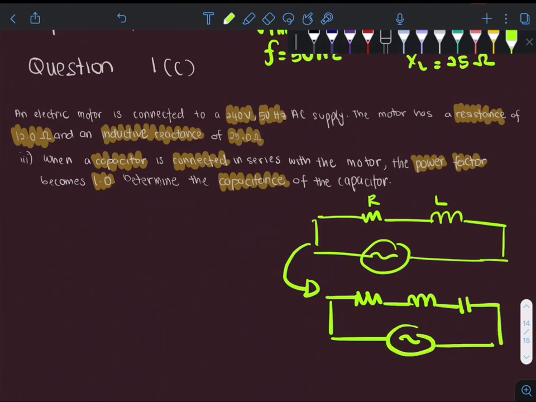So our circuit from RL now becomes an RCL circuit. And it is also mentioned that the power factor after adding the capacitor, cos phi, is equal to 1.